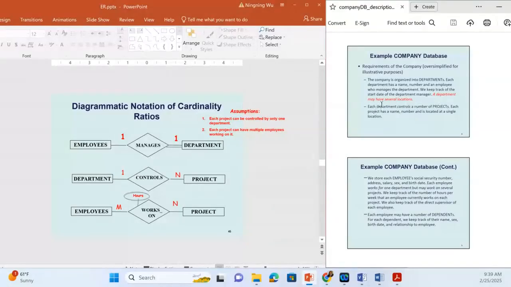That really indicates that a department controls some projects, so we can use that to determine the participation constraint of the department for the controls relationship type. Since every department controls a number of projects, the department's participation constraint will be total.